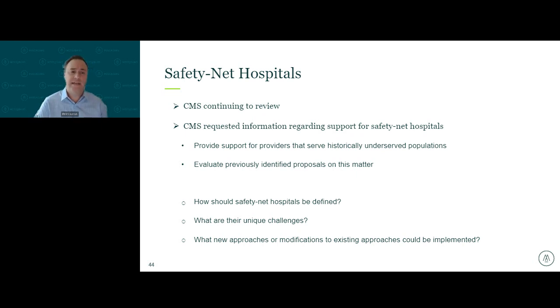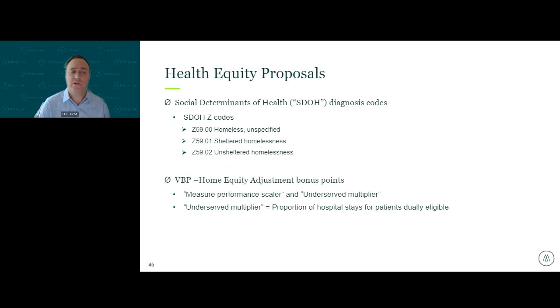But they did introduce, as I mentioned earlier, the social determinants of health diagnosis codes. Those are the 3 listed below. When those are included on claims, that will result in a higher complication of comorbidity, meaning a higher DRG payment will come out. So this is something that providers definitely need to look at to ensure that they're identifying those patients and coding them appropriately.